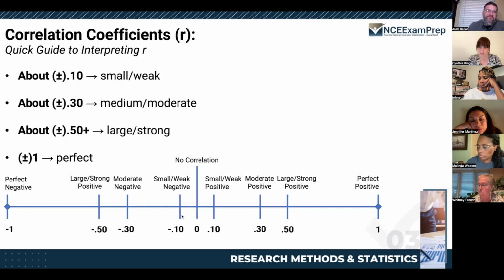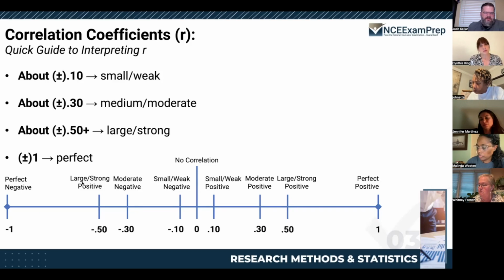But if it seems like maybe when I'm stressed out, I don't sleep real well, but I can't really tell, that might be a weak negative correlation. I'm not sure if I'm answering this exactly.